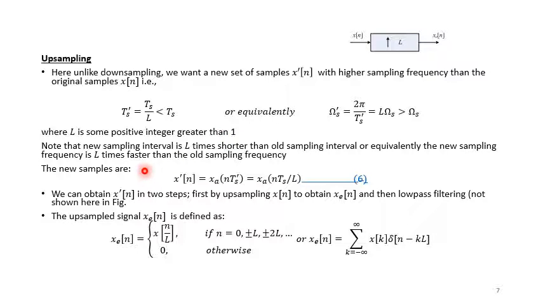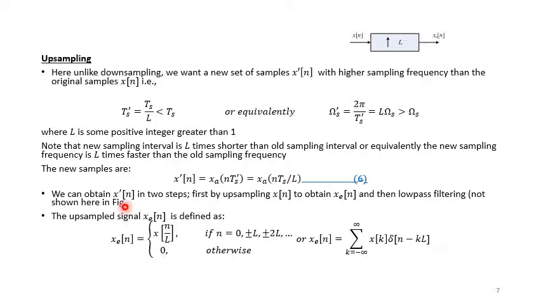Note that the new sampling interval is l times shorter than the old sampling interval, or equivalently the new sampling frequency is l times faster than the old sampling frequency. So we can write x prime of n equals x a of n ts prime, and because the relationship between ts prime and ts is ts prime equals ts by l, we have this.